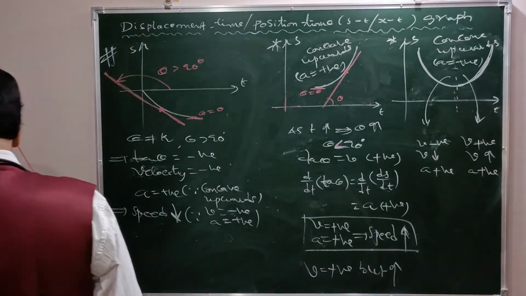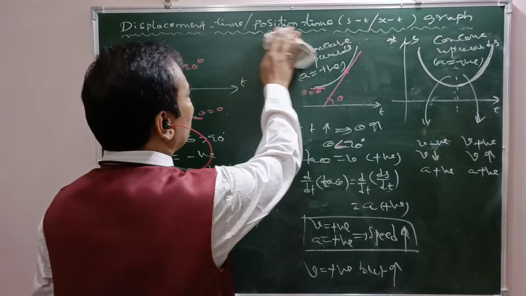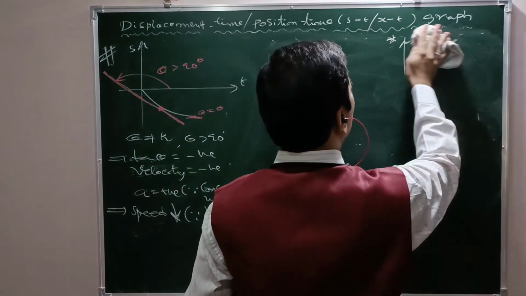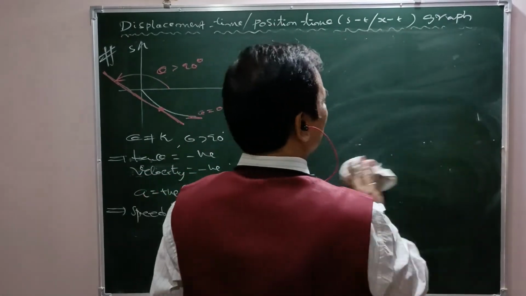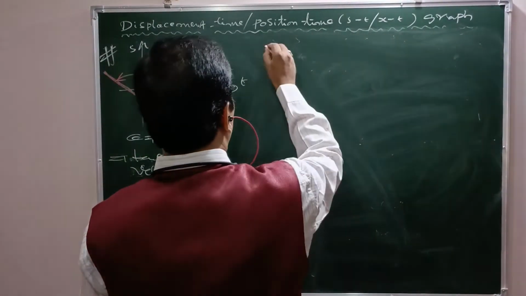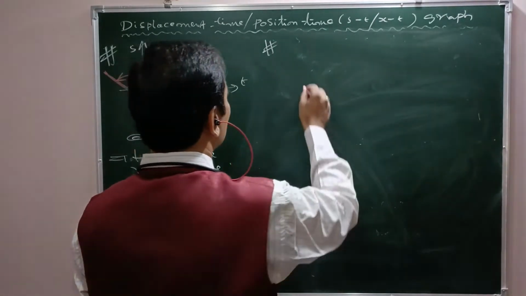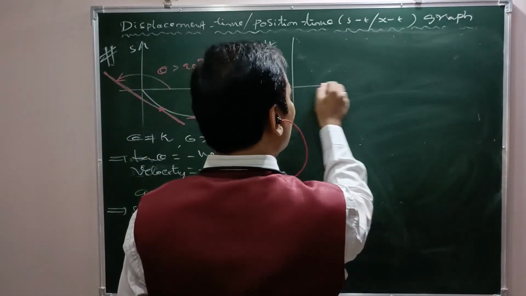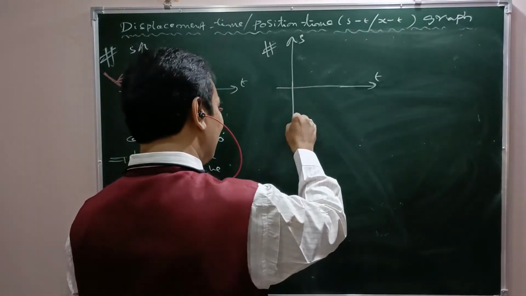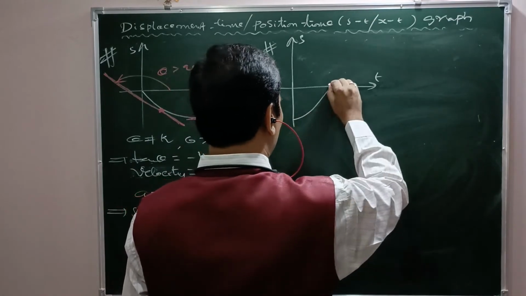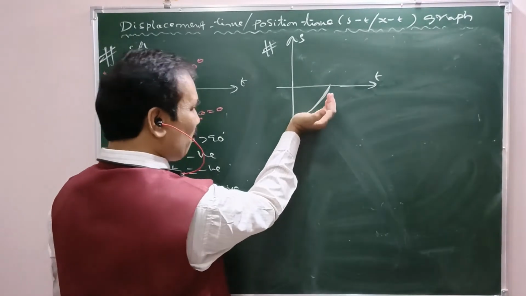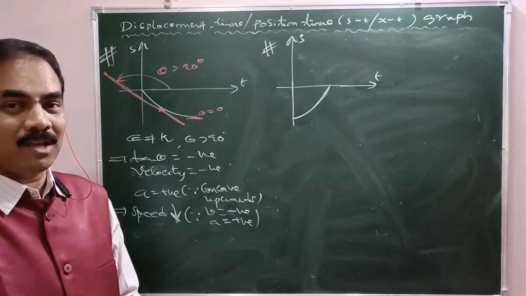Now coming to one more example. In this example, variation of displacement versus time is as shown. Displacement versus time. Graph is like that. See, concave upwards. Concave upwards in the sense acceleration is positive.